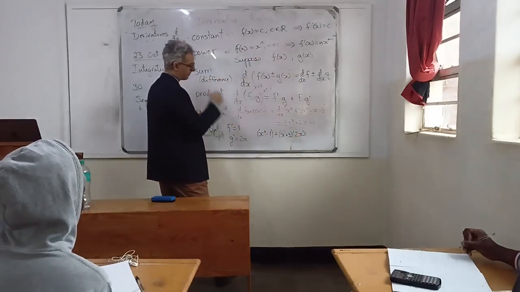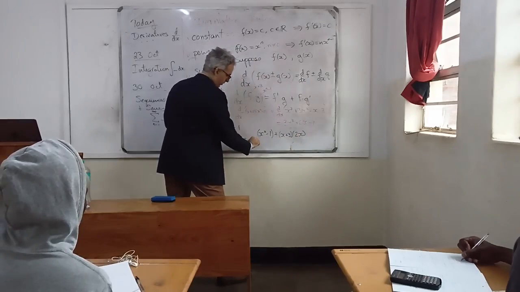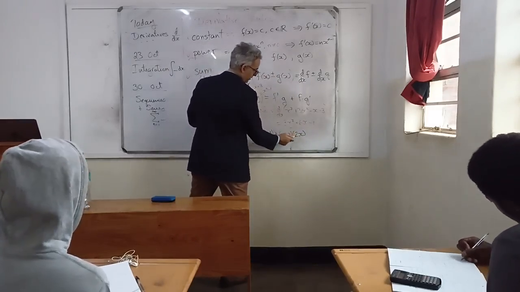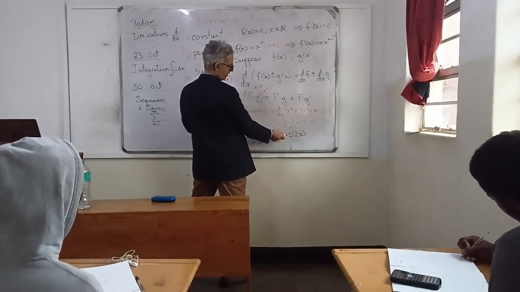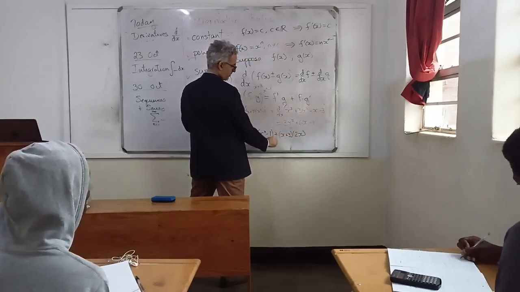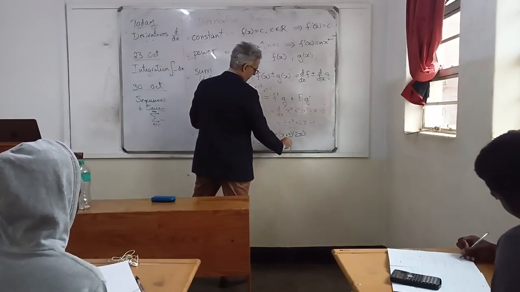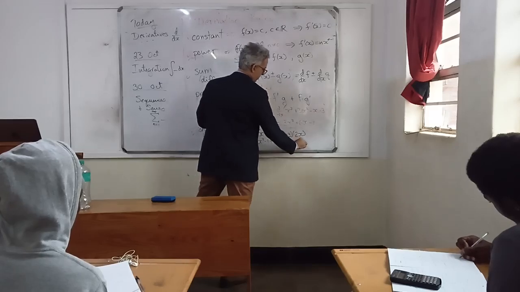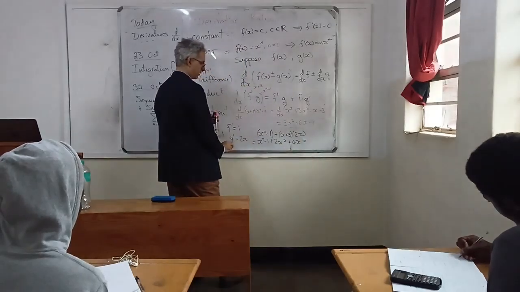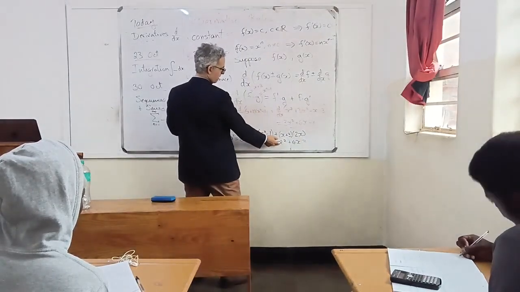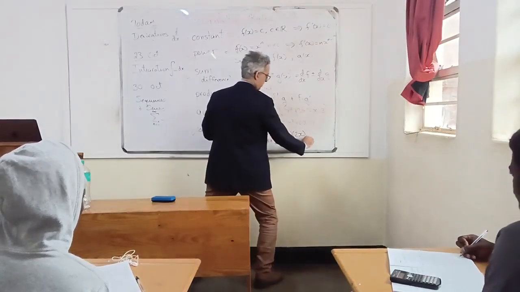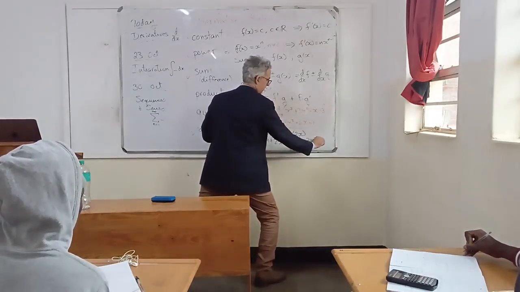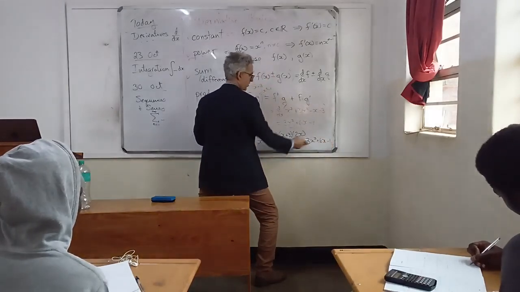Now we simplify. We have x squared minus 1, plus 2x squared, plus 6x. Combining, x squared plus 2x squared is 3x squared, plus 6x minus 1. Is this the same as this?